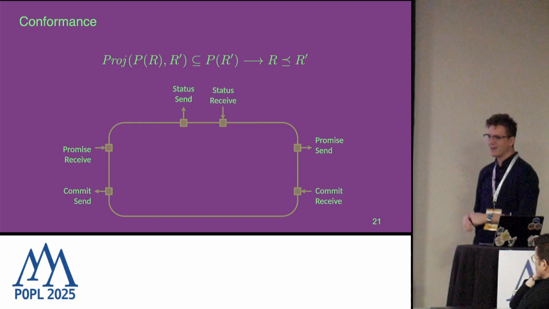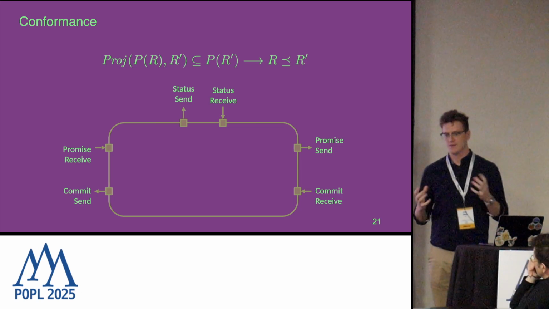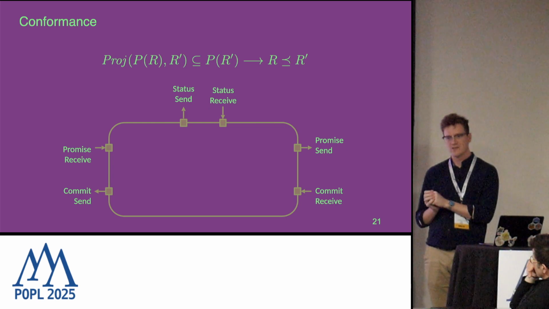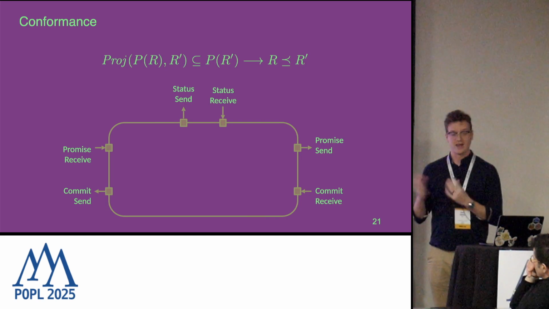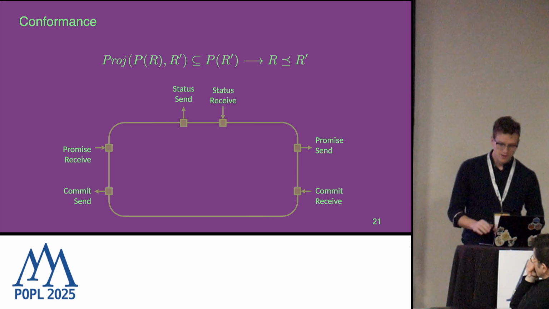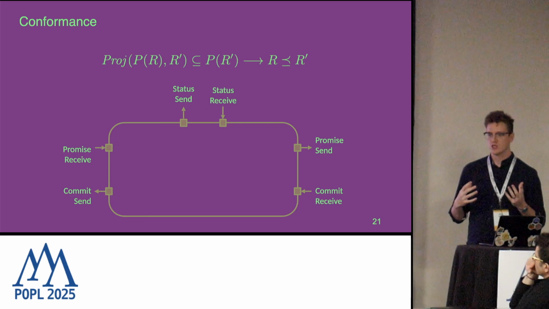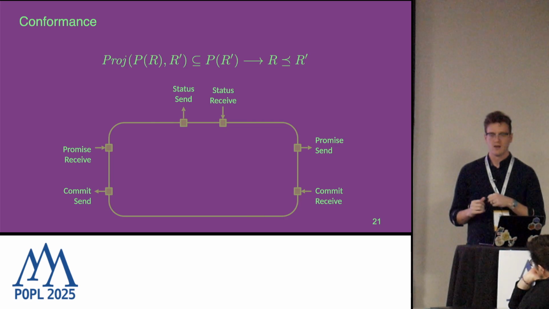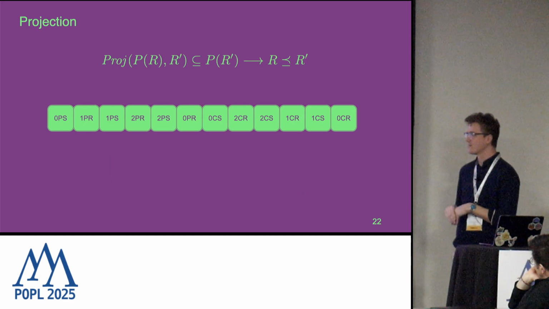So the idea that a larger, more complex system can conform to and be a safe substitution for a smaller system can be unintuitive. But what makes this possible is this idea of projection. It essentially boils down to hiding the internal details, the complexity of the internals of this component.